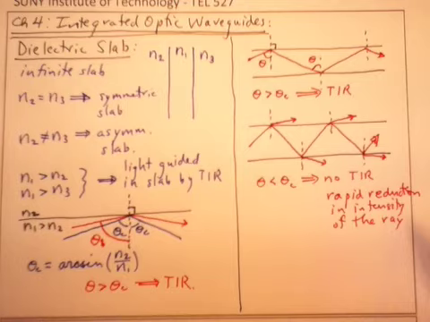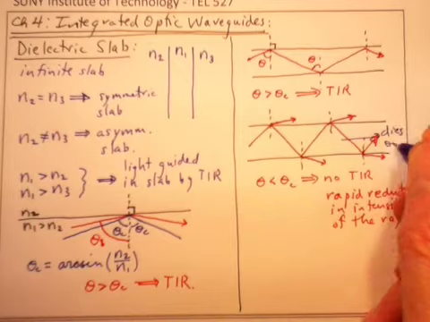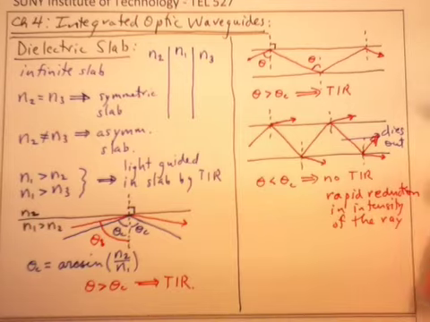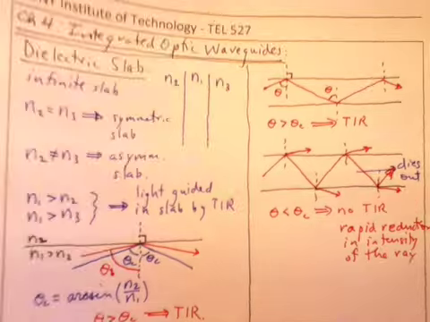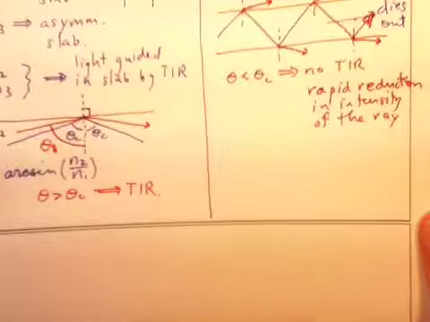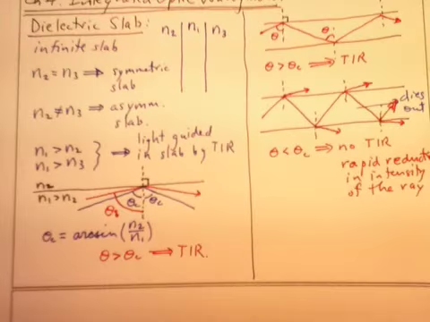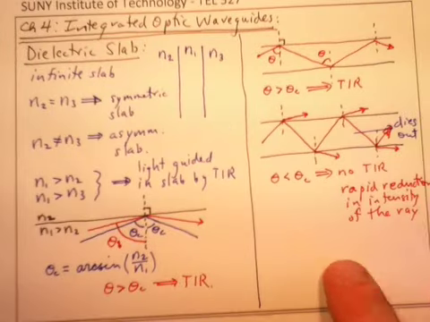So this ray dies out very quickly, and this one goes forever. Okay, so those are two important cases to consider. And what we'll do then is we will now consider the symmetric slab. And I'll stop the video here and continue on the next one.